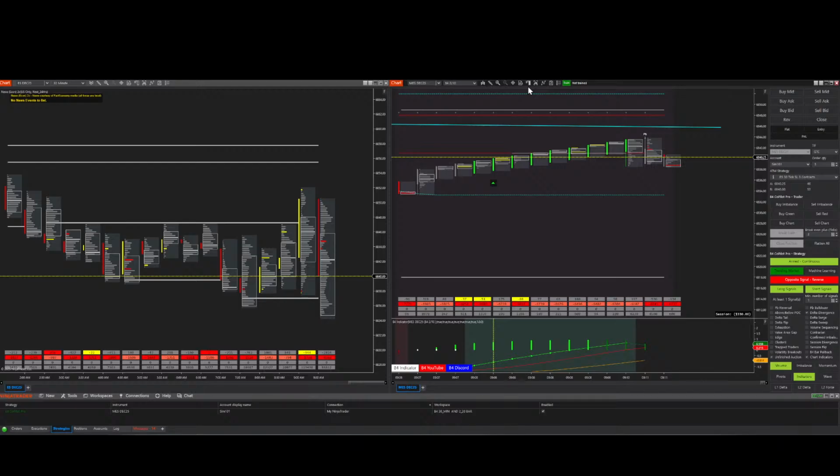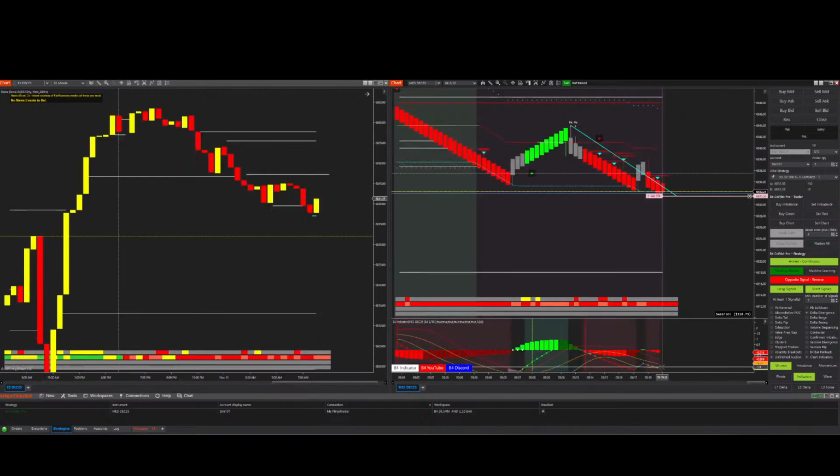For the most part, the midline's facing down, picking up bearish momentum on the 3-minute chart with the B4 lower indicator as well. Order filled.